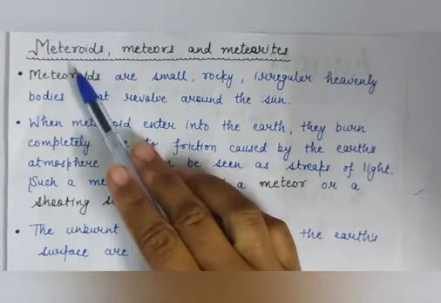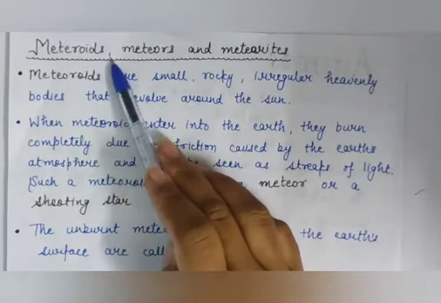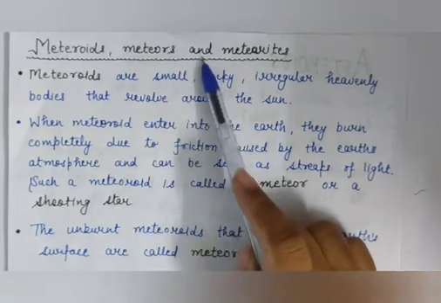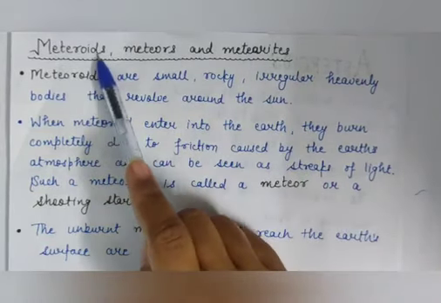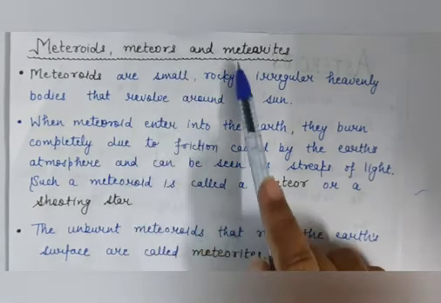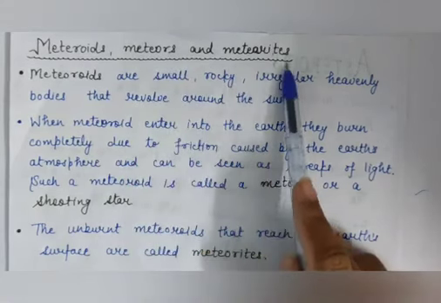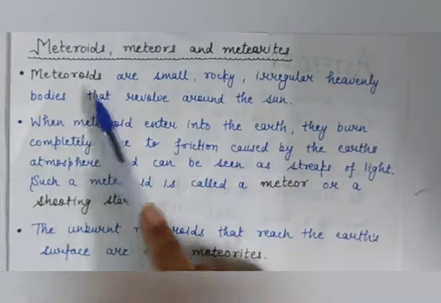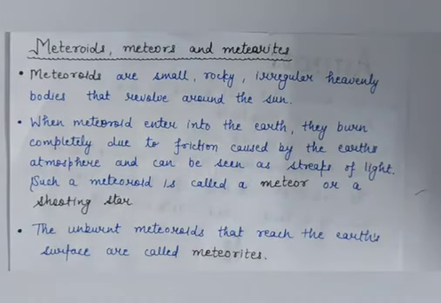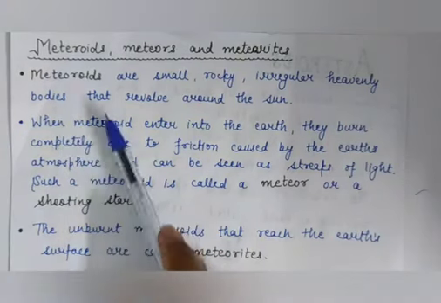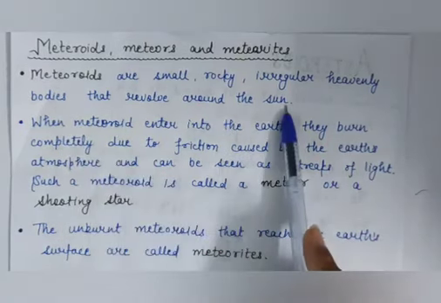Now our next topic is meteoroids, meteors and meteorites. What are meteoroids, what are meteors, and what are meteorites? Meteoroids are small, rocky, irregular bodies that revolve around the sun.